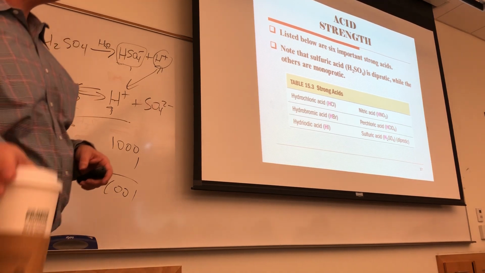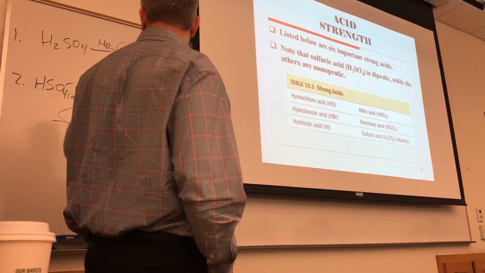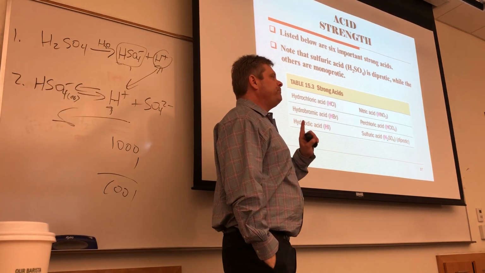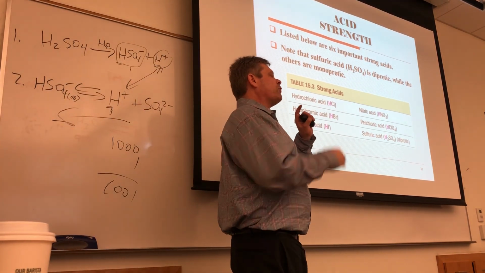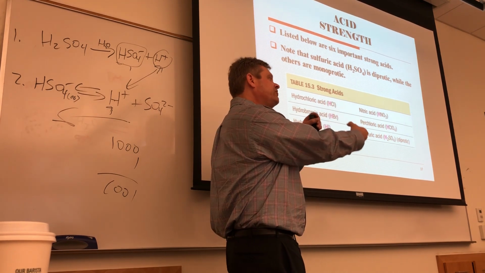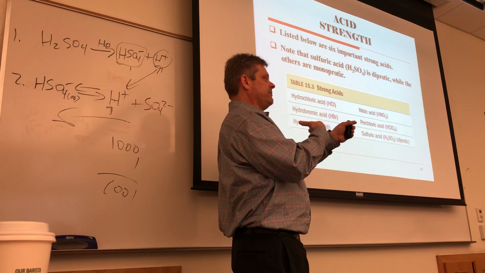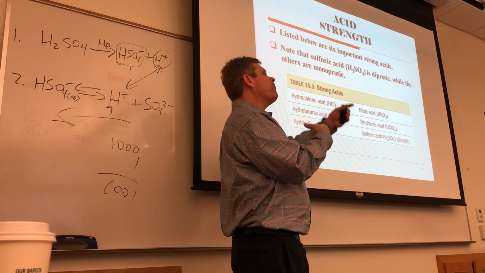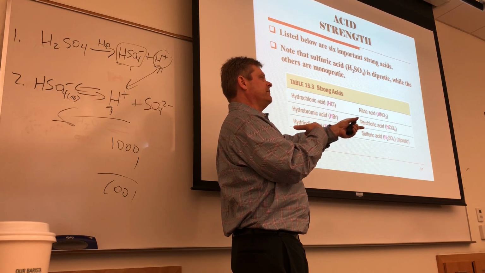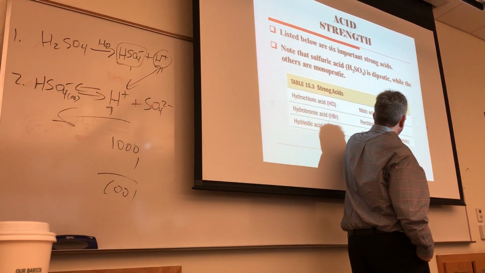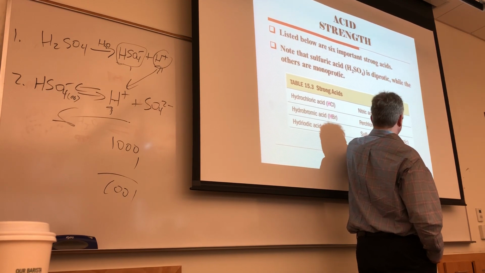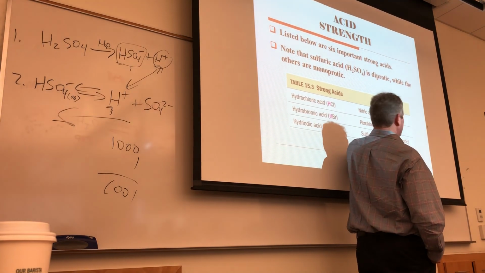So if there are 2 or more hydrogens on it, then it's considered strong? No, it depends on the oxygen. Let me rephrase it. If I have oxygens and acid hydrogens, and I have 2 or more oxygens than hydrogens, then it's a strong acid. So there are 4 oxygens, 2 hydrogens, 2 more oxygens, so that's 2 or more, that makes this strong.